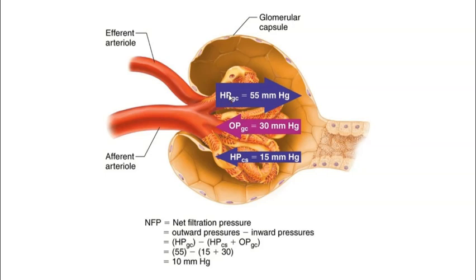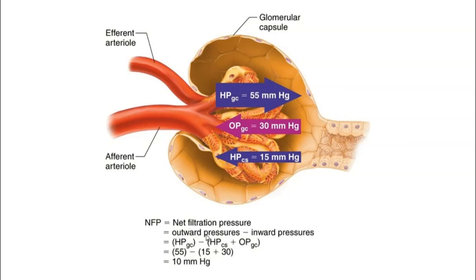So this hydrostatic pressure of the glomerular capillaries forces fluid out at a pressure of 55 millimeters of mercury. Osmotic pressure inside the glomerular capillaries pulls fluid back in at 30 millimeters of mercury of pressure, and the fluid that's already in the capsule exerts an inward pressure, or a negative pressure, of 15 millimeters of mercury into the glomerular capillaries here.